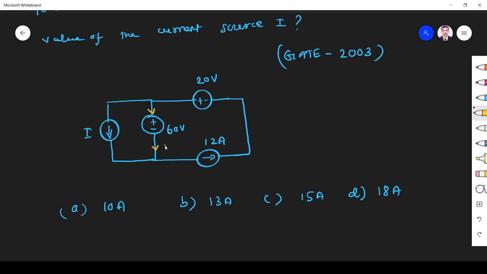So let us assume that this current is IA. This is the very important clue in this problem.